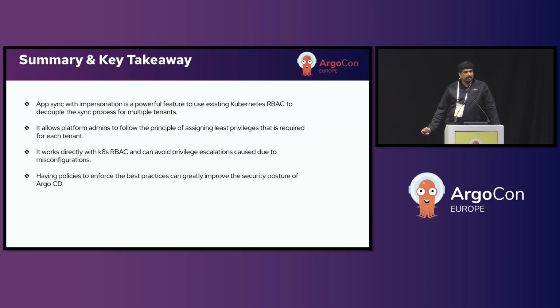It works directly with Kubernetes RBAC, so you don't have to sync the app projects for each tenant to match the required Kubernetes RBAC. And last, having Kyverno policies or OPA policy agents to enforce best practices can greatly improve the security posture of Argo CD, whether you're taking approach 1 or approach 2.